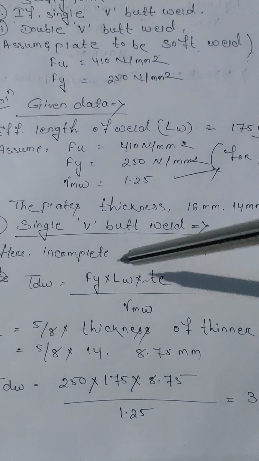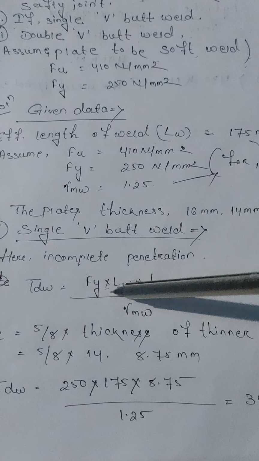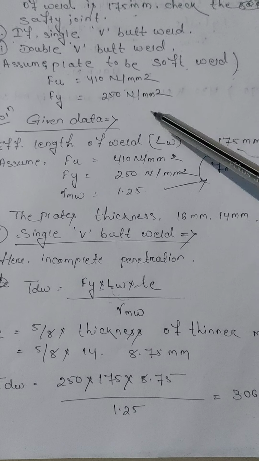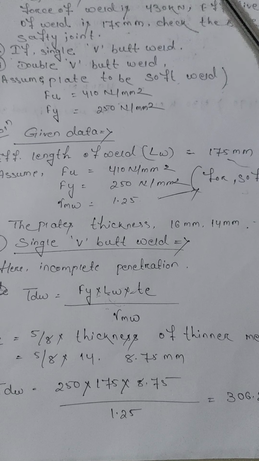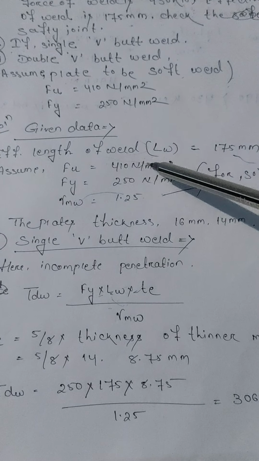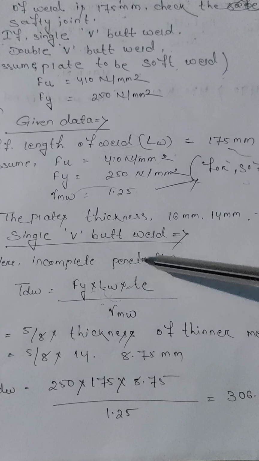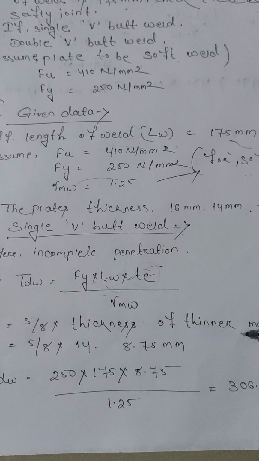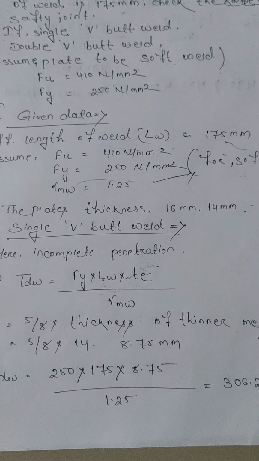Fy is 250 and LW is the effective length of the weld, 175 mm.